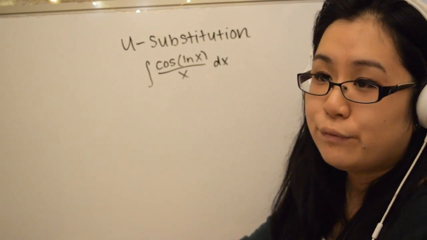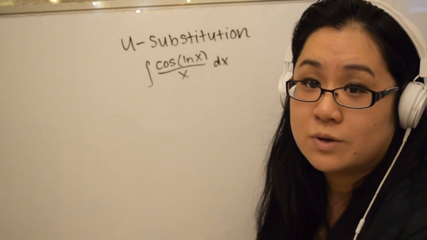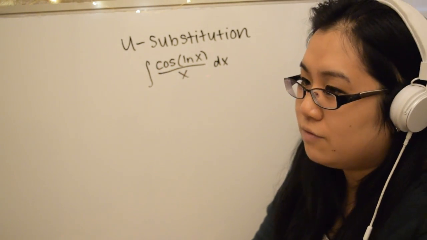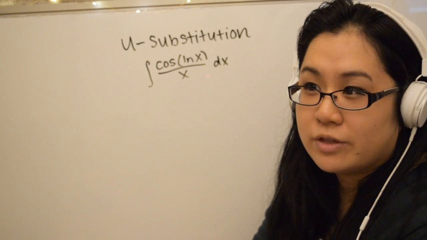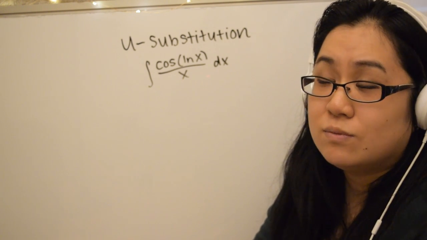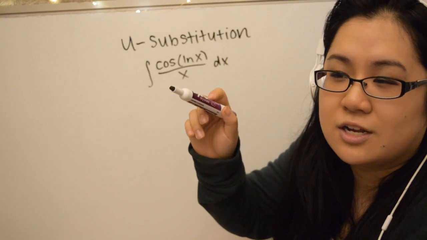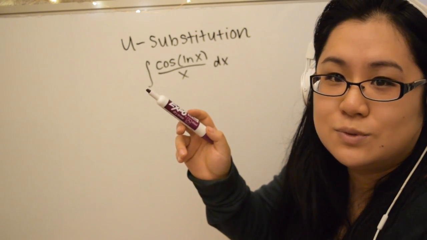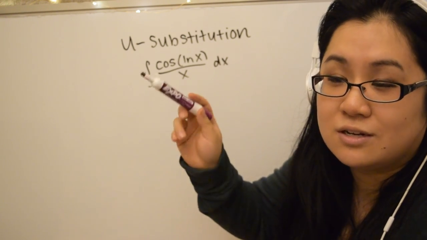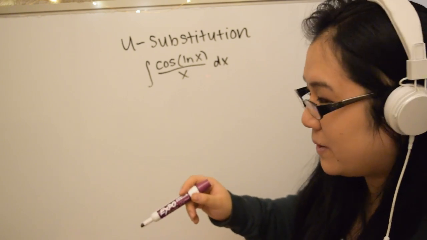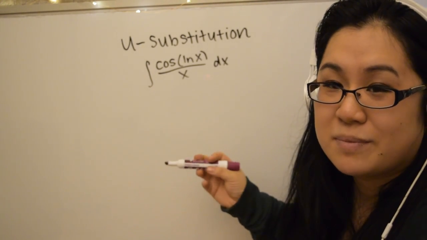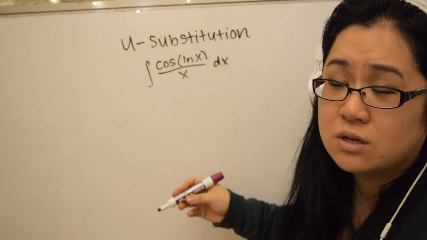So if we pick u equals 1 over x, if we think about what is du, then it's going to be, well, 1 over x is x to the negative 1, so you can use your x to the n rule, so negative x to the negative 2, so negative 1 over x squared.